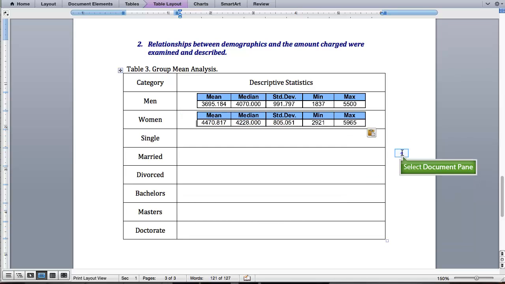Now, later I could explain what the relationship is by discussing the difference between these two sample means. So specifically, 44.70.82 minus 36.95 and 18 cents would give me a sample mean difference between men and women. This is really the main purpose of our group mean analysis, to consider what effect gender has on spending.